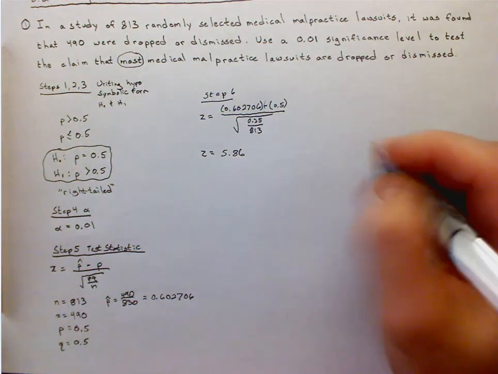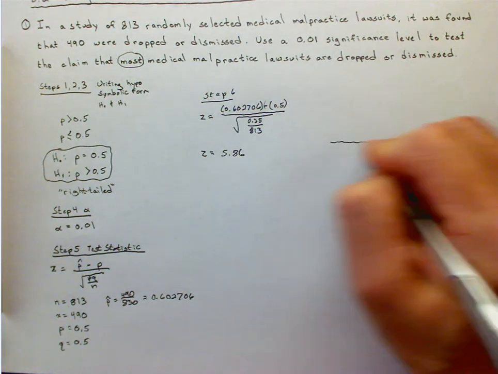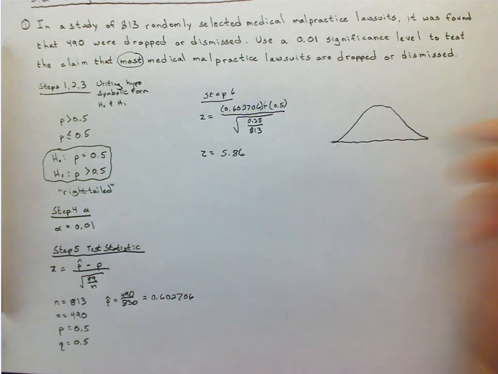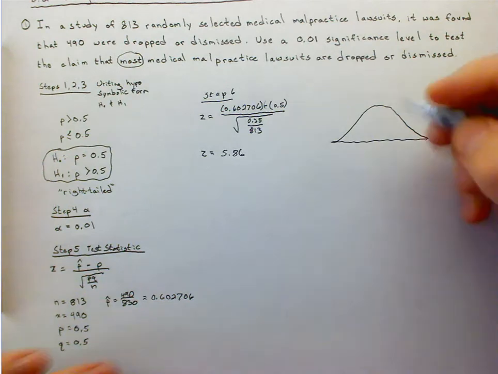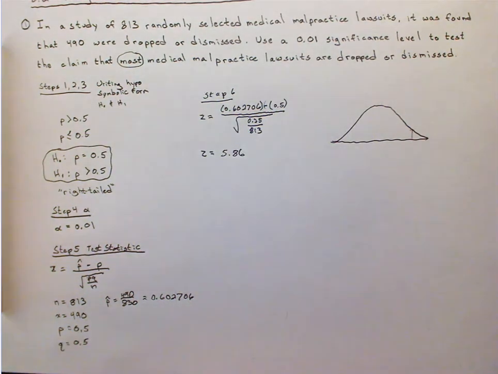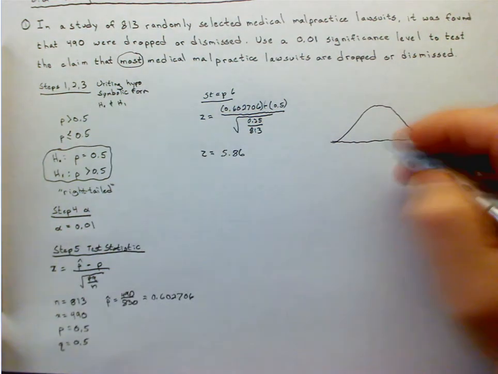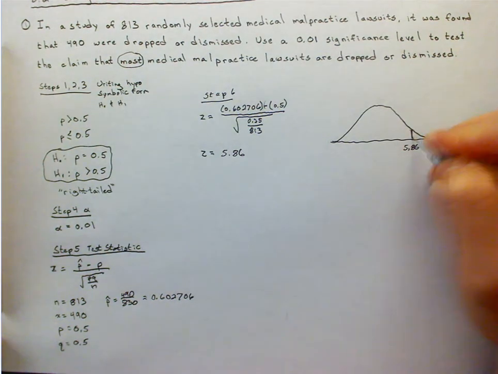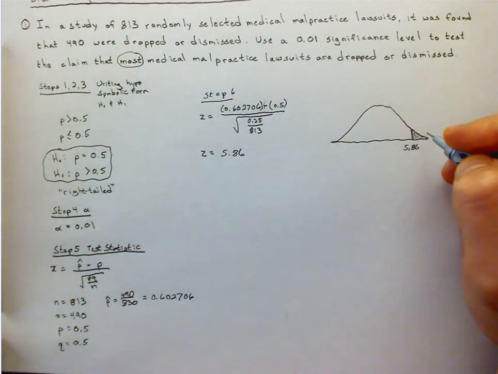And with that, I'll just come over here to the side. I like to make my diagram. And what I'm looking at is a z-score over here of 5.86, and this is what I'm interested in.